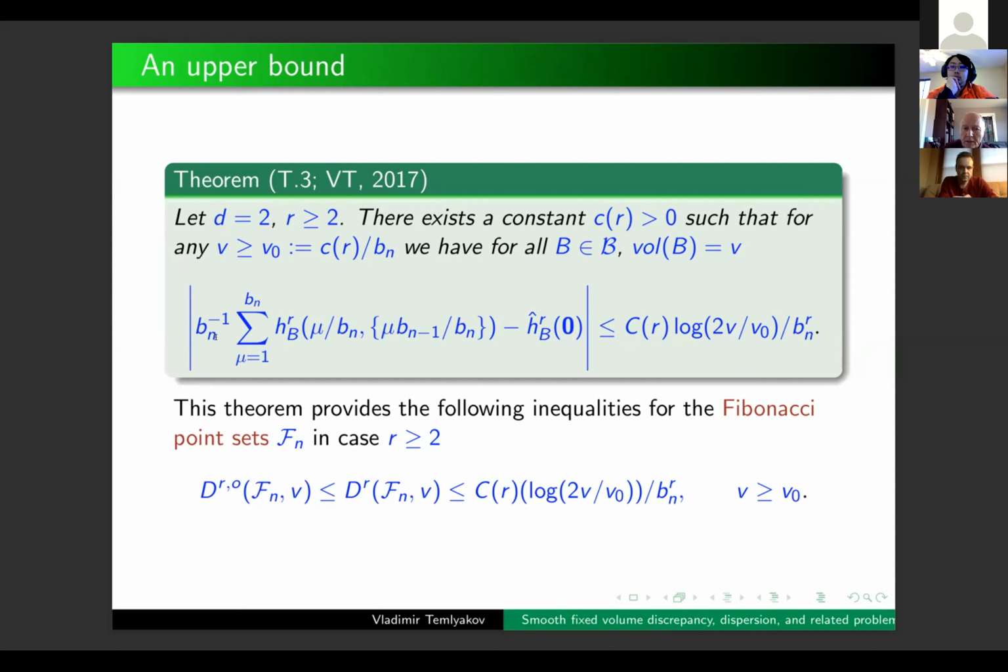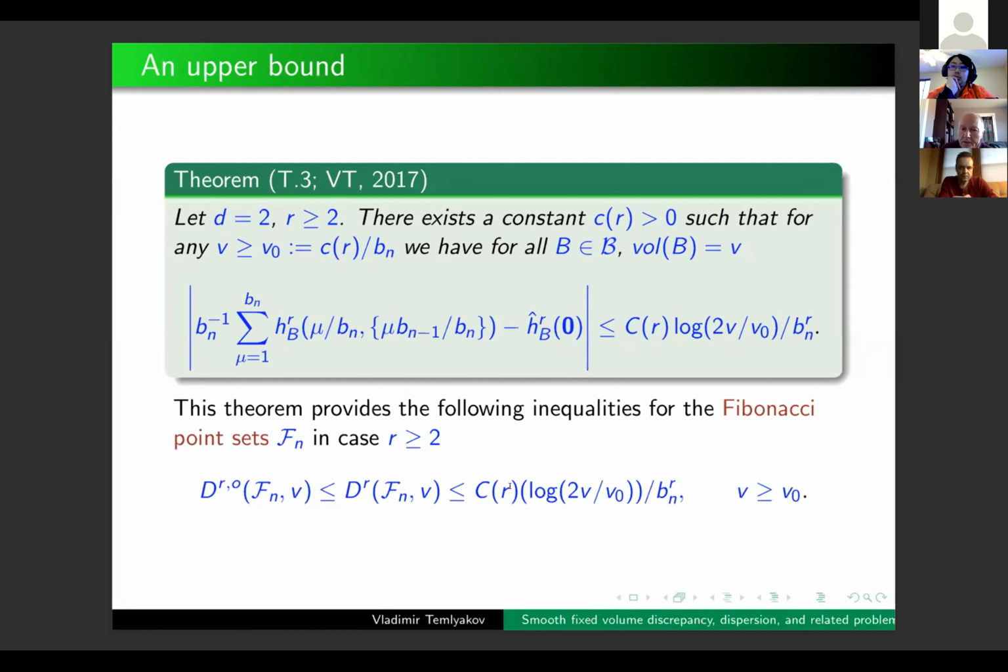So Bn is the number of points in that set, which means that this plays the role of m in our previous definitions. If you look at this formula, we have this Bn to the r in the denominator. So basically, the whole thing is m to the minus r. This is exactly like we had before.